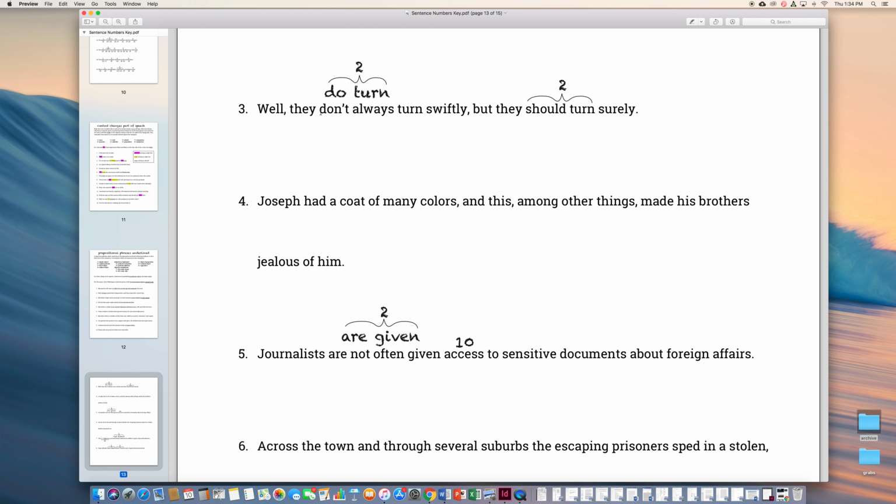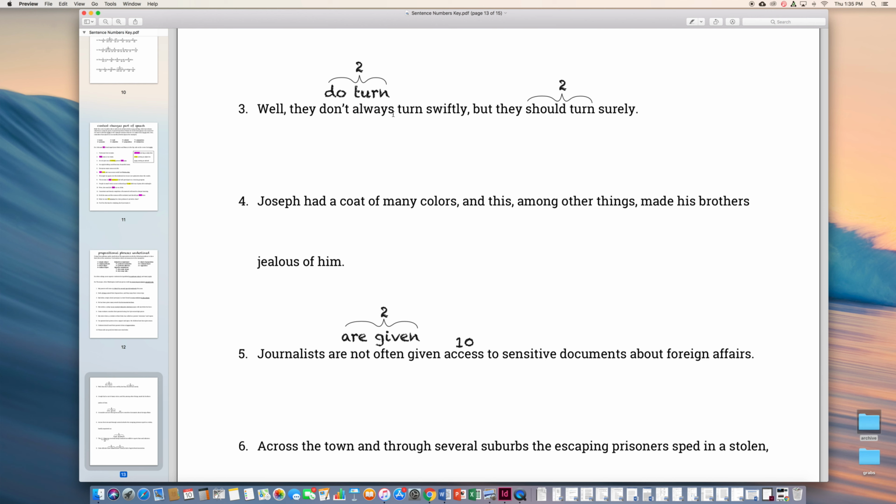In this case, we have what's basically a four-word phrase, "do not always turn." And the verb part of that is "do turn," the helping or auxiliary verb "do" and the action verb "turn." So the words "not always" are modifying, are saying how these things are going to turn, right?